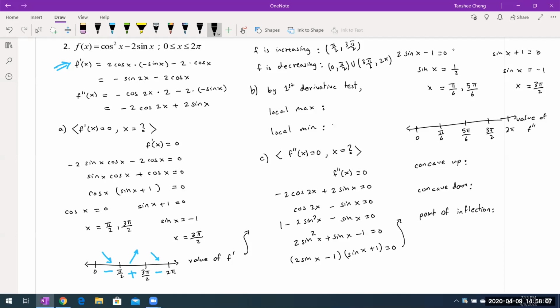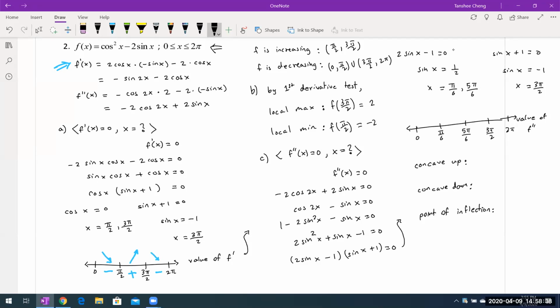At 3 pi over 2, it goes from increasing to decreasing, so that will give me a local maximum. When you evaluate the values, this will be 2 and then -2 using your calculator, plugging into your original function right here.